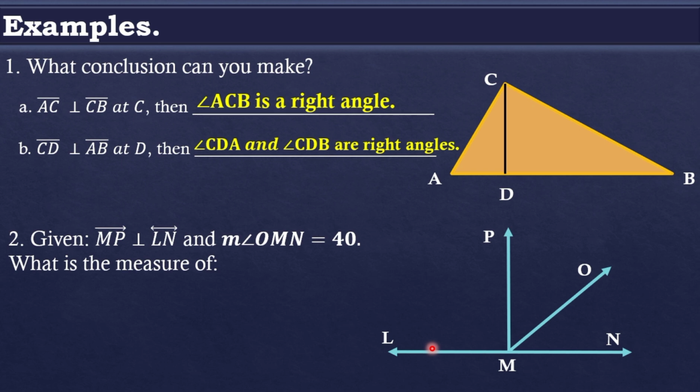Now, based dito sa given, ang measure daw po ni angle OMN is 40 degrees. Since si ray MP ay perpendicular kay line LN, makaka-form tayo ng right angles dyan. Aside from that, the measure of angle OMN is 40 degrees.